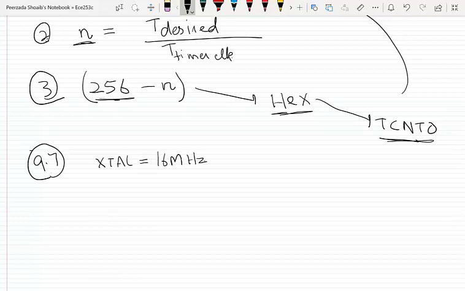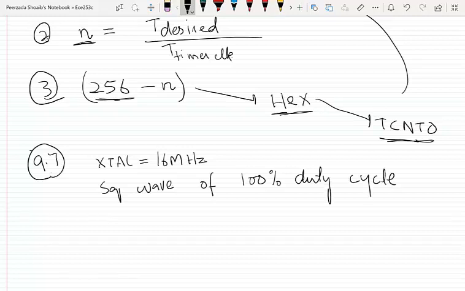And we have to generate a square wave of 100% duty cycle and frequency equal to 160 hertz on pin PB3, port B pin 3.